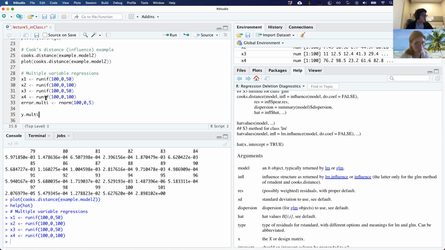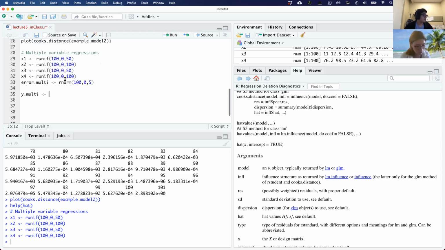And let's do y multi. So we're going to do 0.5 times x1. This is exactly the same as all the examples that we've been doing before. But now we're going to add in 2 times x2 plus error multi.